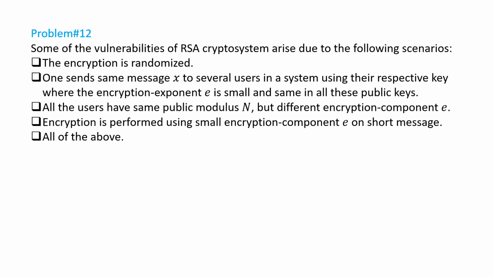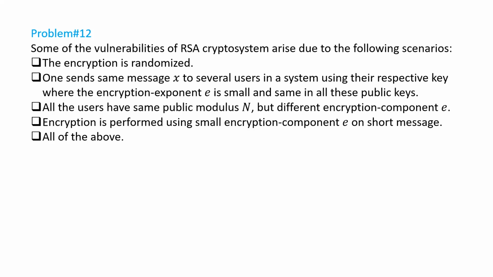And then another option says all the users have same public modulus N, but different encryption components E. So if you have seen in the lecture, there is also another nice attack on RSA crypto system when the encryption exponents E are different. So E1, E2, E3 are different, but same N is used in all these cases. Okay.